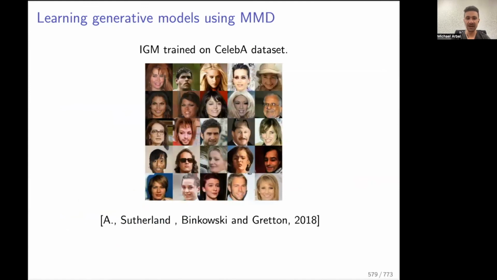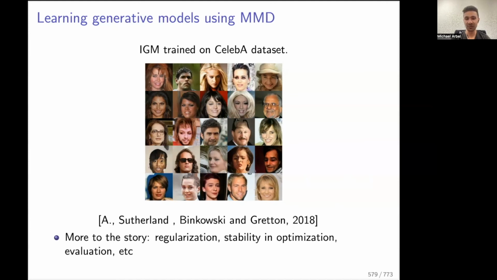And you can even apply this approach to much more complicated datasets like CelebA, which is a dataset of images. This was just a quick overview of generative modeling using the MMD, but there is more to the story. There is a question of regularization when learning the kernels, which is very important because it has implications on how well or how stable the optimization will be.